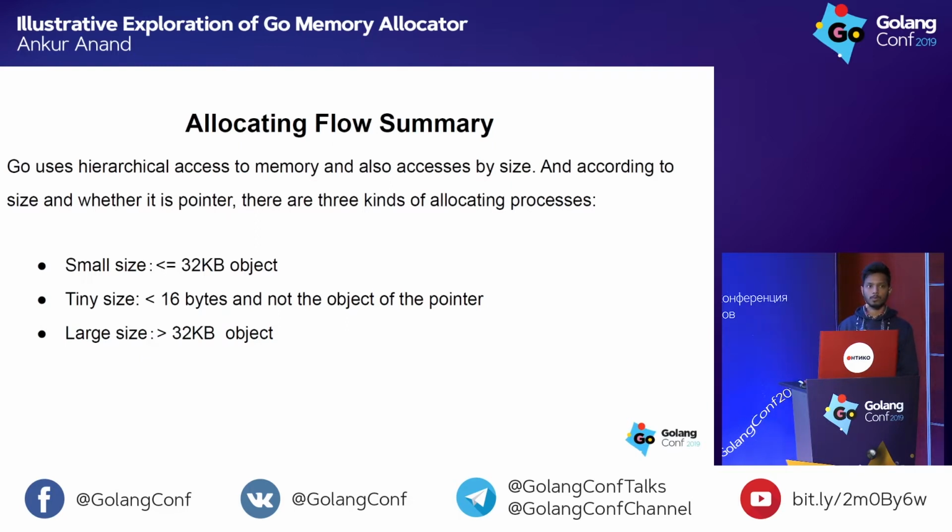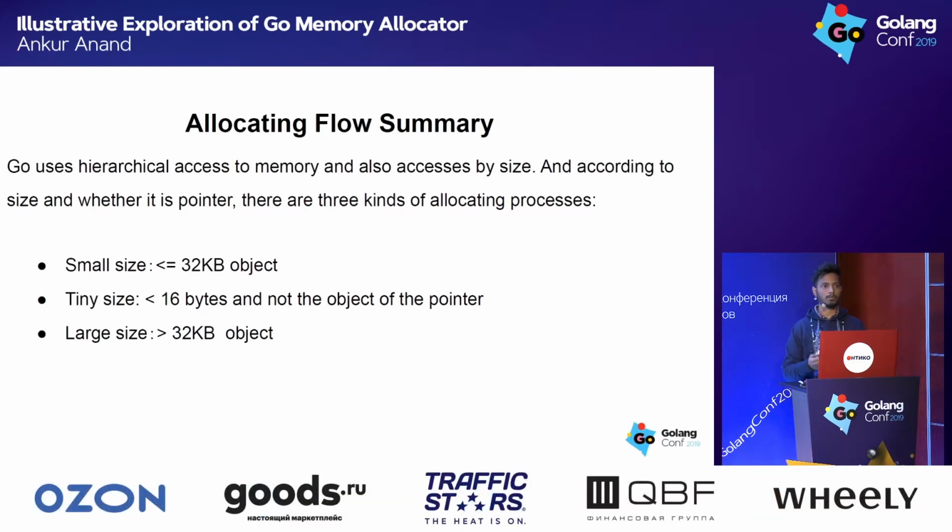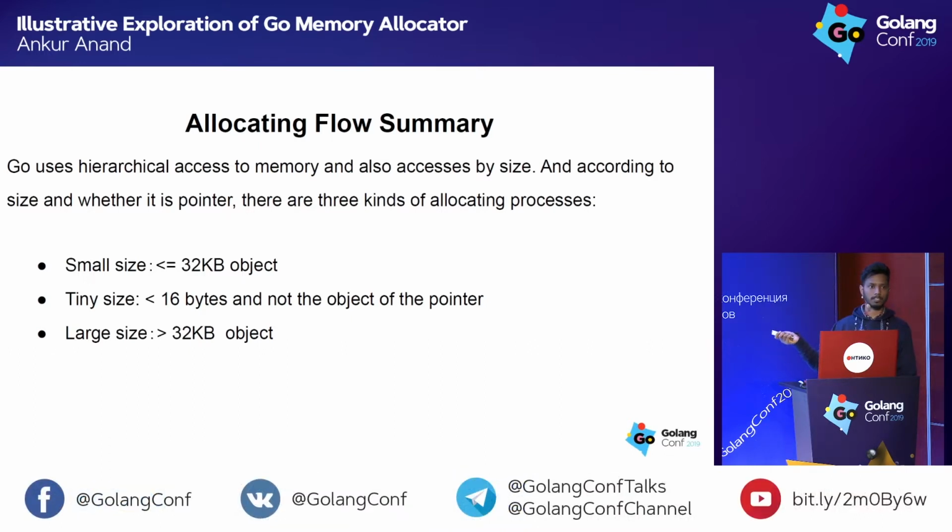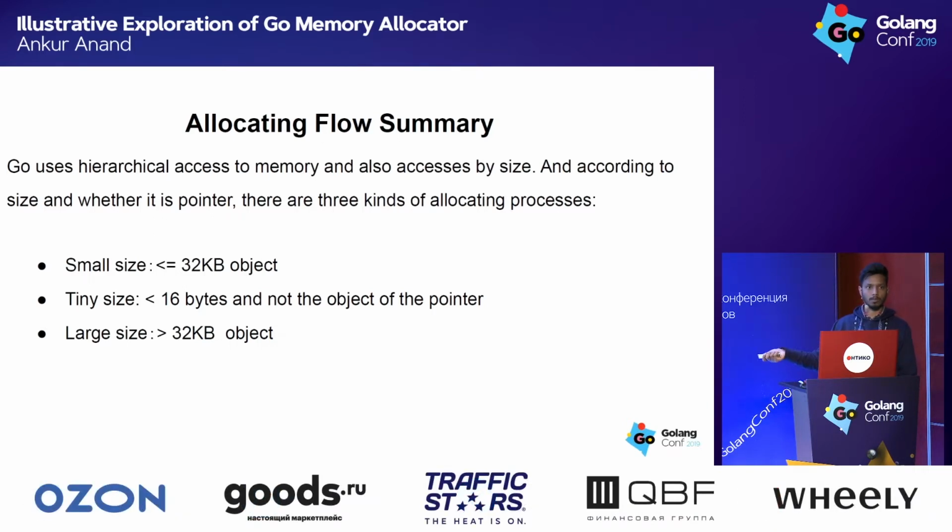That means if you are allocating around 5 bytes, it won't allocate just 5 bytes for you. It will allocate 8 bytes for that object, because while accessing, this has to be aligned with the word boundary or the address space. So the tiny allocator helps here. It allocates only 5 bytes, and the remaining 3 bytes it can use for another tiny object.